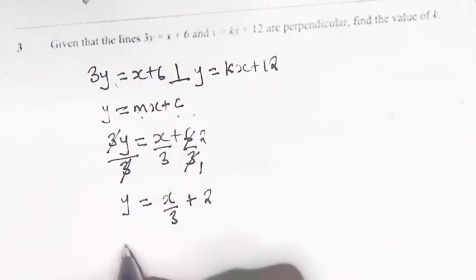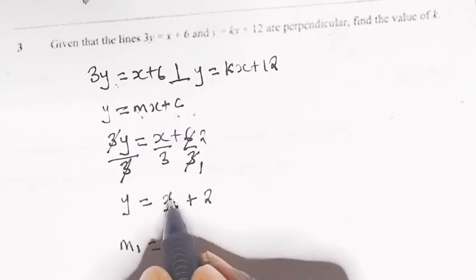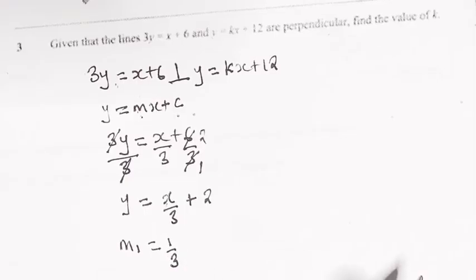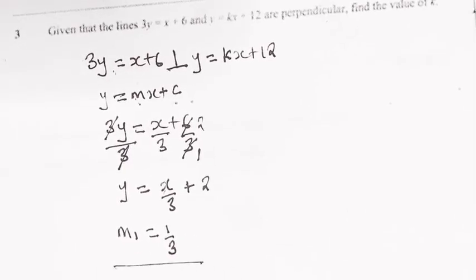So from here we can say that m1, which is gradient 1, is equal to the coefficient of x, which will be 1 over 3. So I found the gradient of the first line. Let us now find the gradient of the second line.